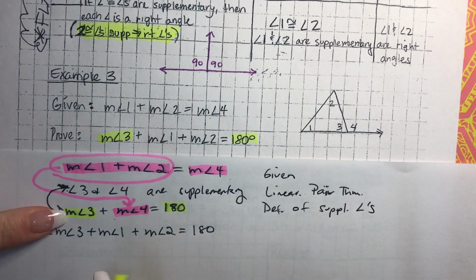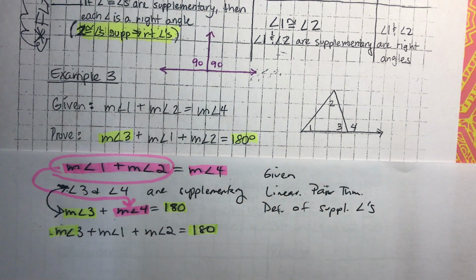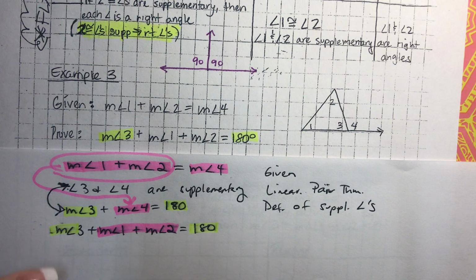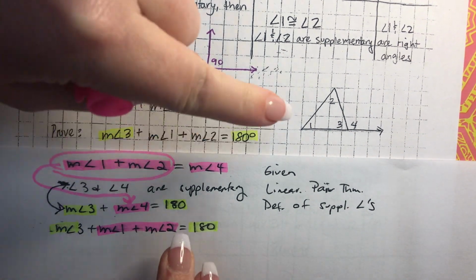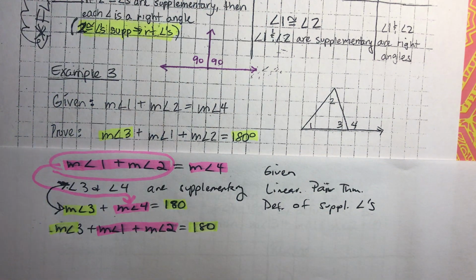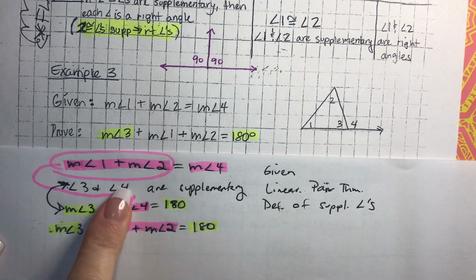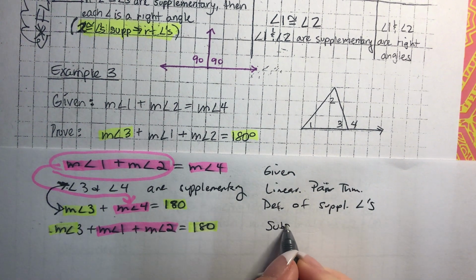This pink would be substituted in for the measure of angle 4, and there I have my proof. The measure of angle 3 plus the measure of angle 1 plus the measure of angle 2 is equal to 180 degrees. That's really how we solve this proof, and that would be substitution.